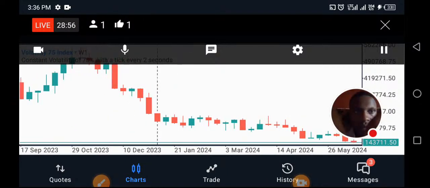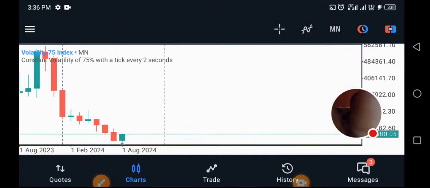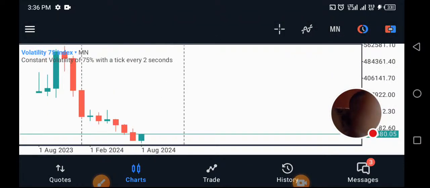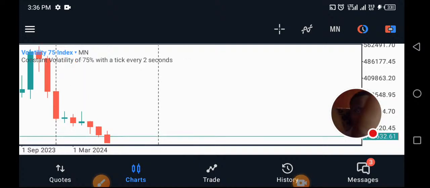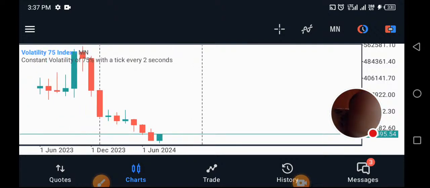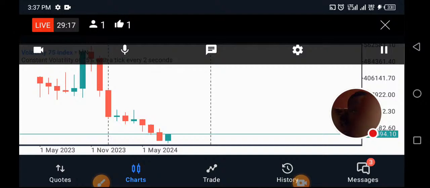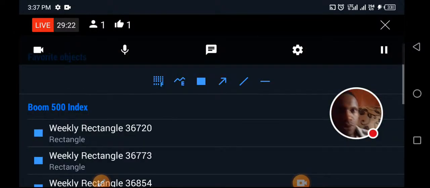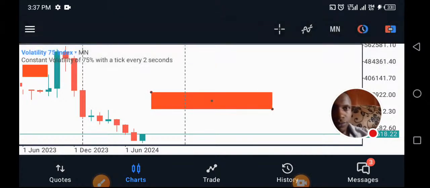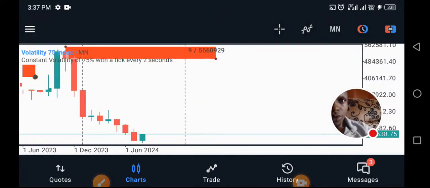So let's look at the monthly time frame here now, to be able to mark our zone here. We can decide to make use of the body here.